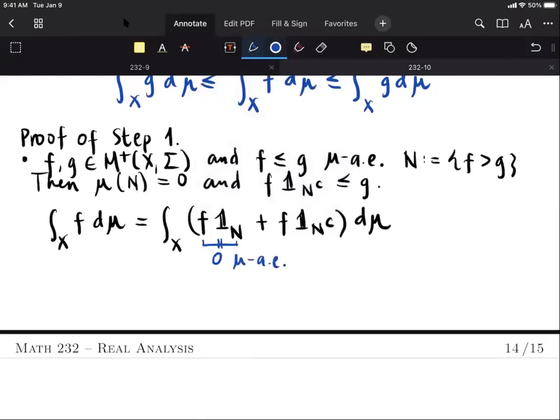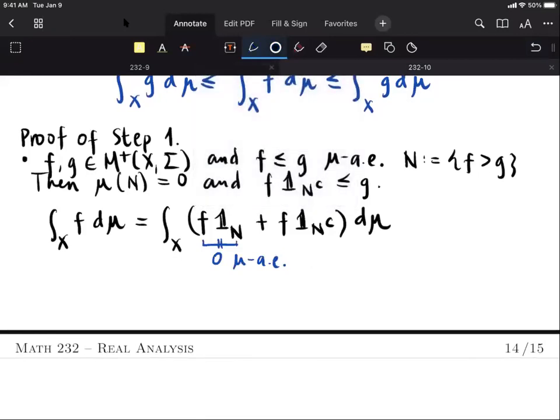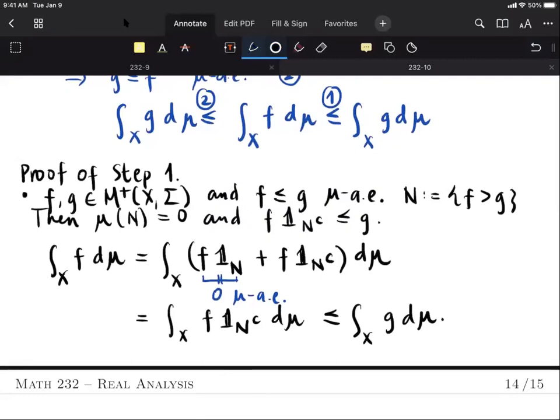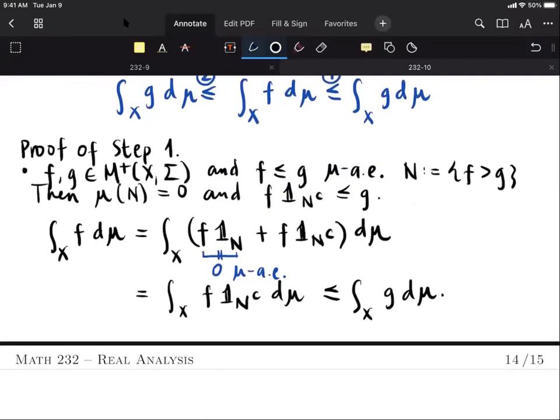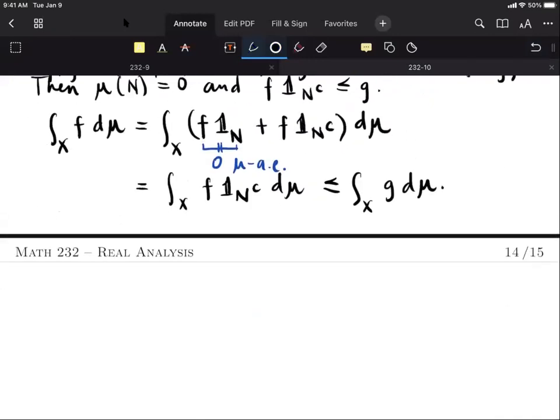And since this is 0, except on a null set, the Lebesgue integral must be 0. And we end up with the integral of the second term. You apply monotonicity, and this is less than or equal to the Lebesgue integral of g. So that's the case of non-negative measurable functions.